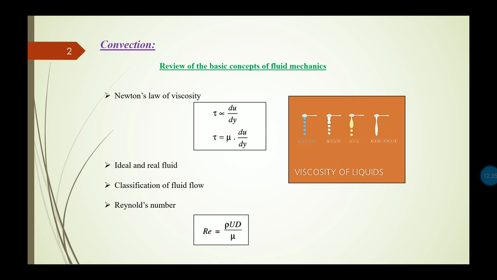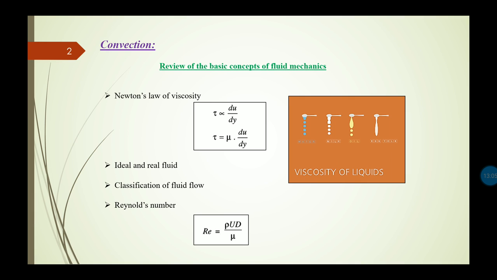Now there are more classifications of fluid flow. So what are those? Steady and unsteady flow, uniform and non-uniform flow, laminar and turbulent flow, compressible and incompressible flow, rotational and irrotational flow, then one-dimensional, two-dimensional and three-dimensional flow.